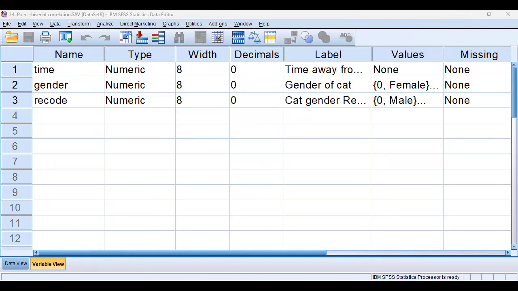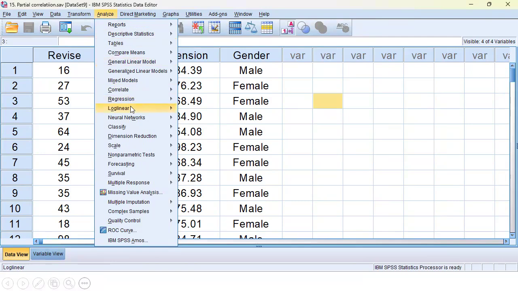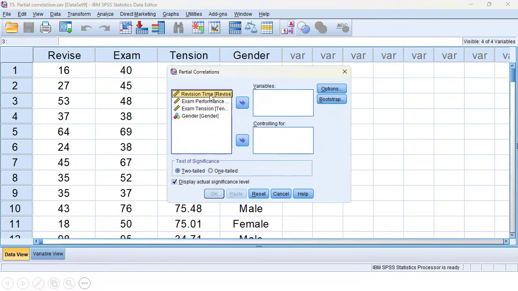Yes, partial correlation. In a partial correlation, now you can see the partial correlation. Analyze, then correlate, partial. So here we can take all the three variables simultaneously.